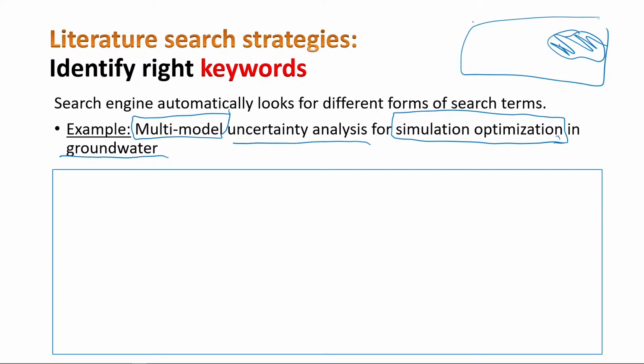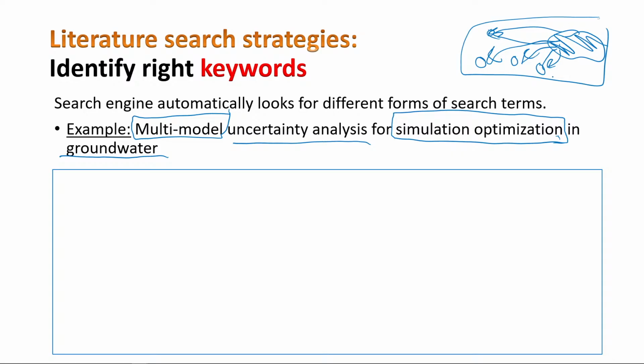Optimization is that I put an optimization algorithm on top of this model to find the optimal solution. Let's say I want to design a pump and treat system, putting some pumping well here so that I will capture this plume. The optimization algorithm will tell you where you can locate this pumping well and what pumping rate you need in order to capture this plume.